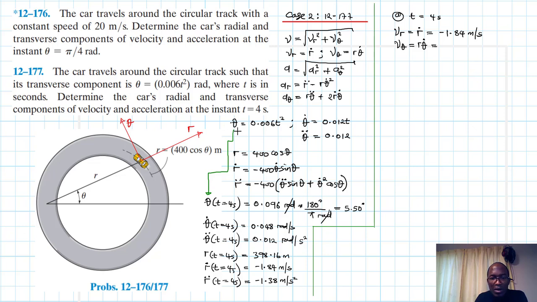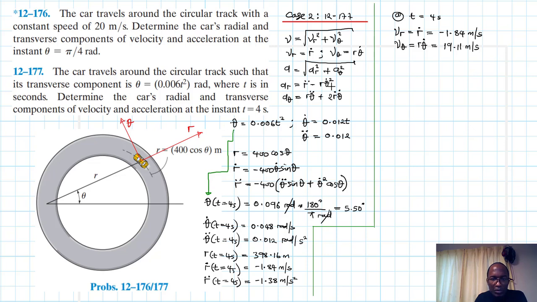All right, so our r, we already found, is 398.16 times theta dot, which is 0.048. So this we find 19.11 meters per second.